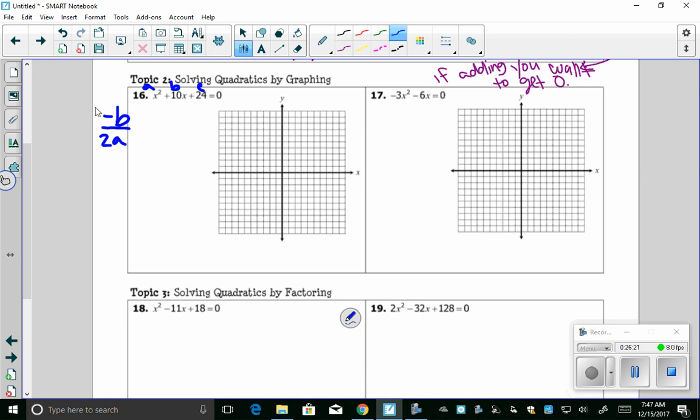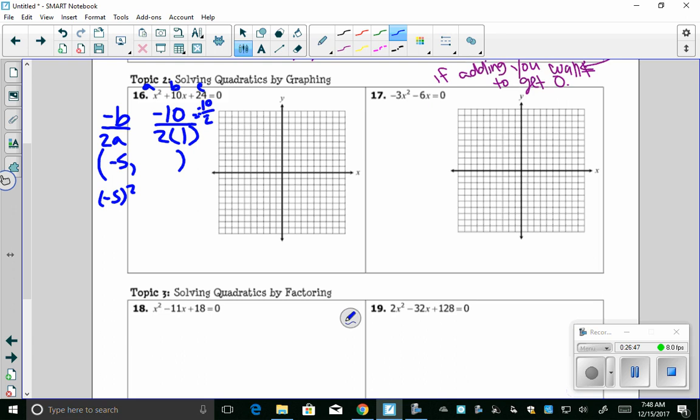The opposite of b. So instead of positive 10, it's going to be negative 10 divided by 2 times 1, because a is 1. Negative 10 divided by 2 gives me negative 5. Plug negative 5 back into my formula.